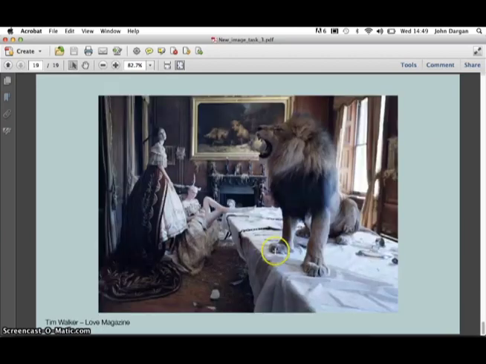If we look at this Tim Walker image, again it uses this idea of surrealism, but maybe in a slightly more attention-seeking way.